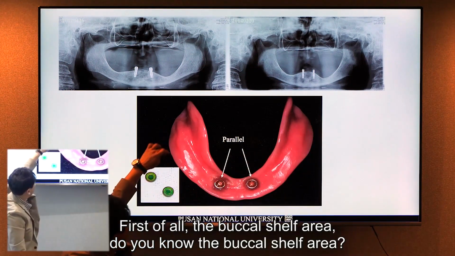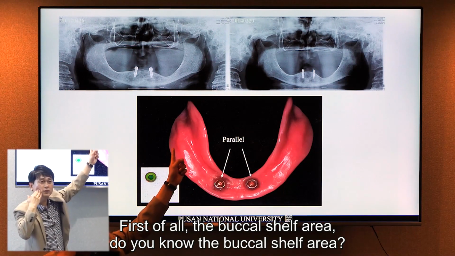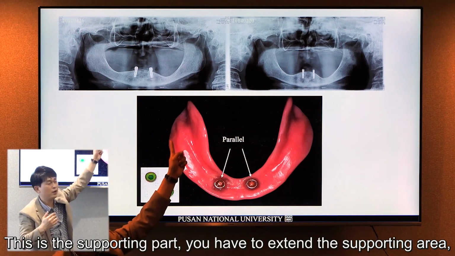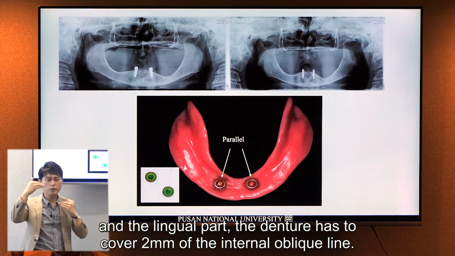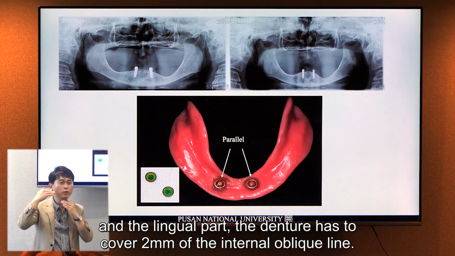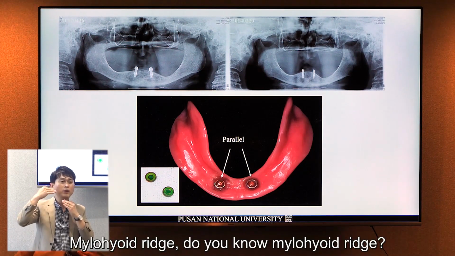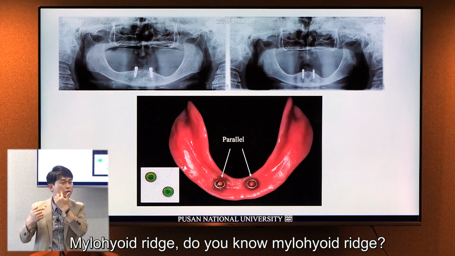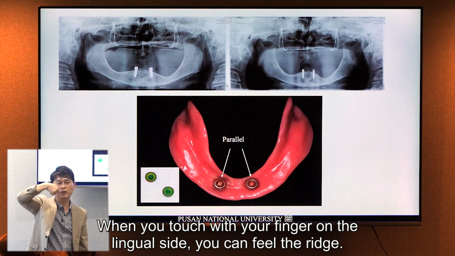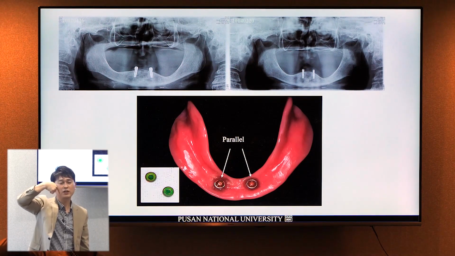First of all, the buccal shelf area. Do you know the buccal shelf area? This is the supporting part. You have to extend the supporting area, and on the lingual part, the denture has to cover below the internal oblique line, the myohyoid ridge. Do you know the myohyoid ridge? When you touch it with your finger on the lingual side, you can feel the ridge.